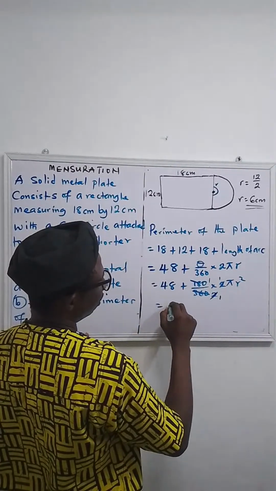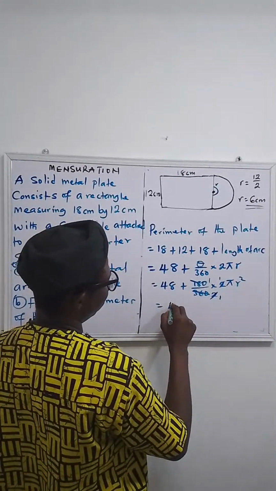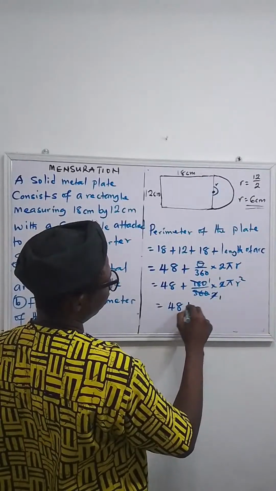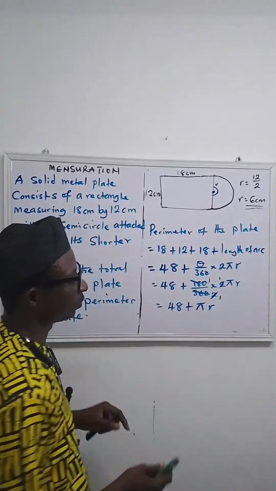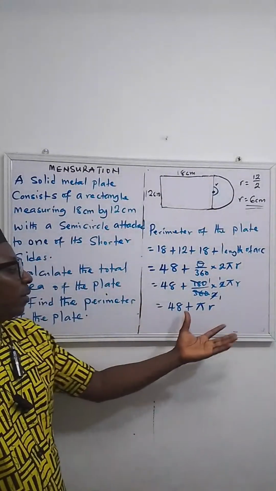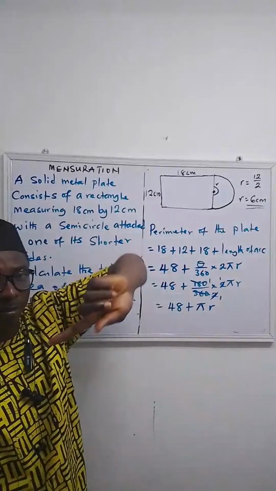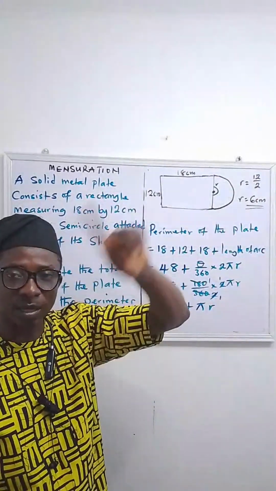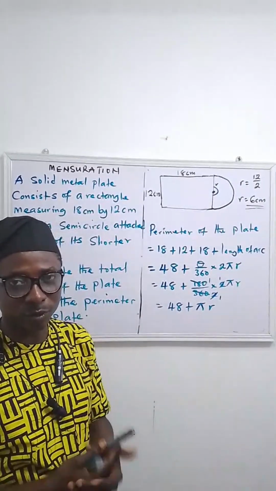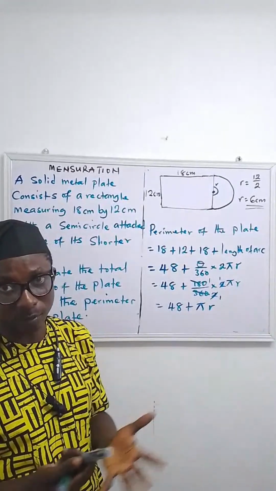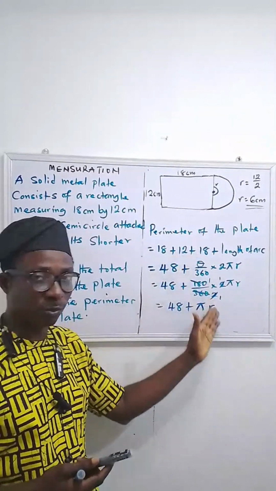So we have 48 plus pi r. All right, so instead of going through this, I can simply say, since I know that the perimeter of a circle is 2 pi r, half of the perimeter of the circle is going to be 2 pi r divided by 2. So that's half of 2 pi r, which gives pi r. You can also do it that way instead of going through this process.